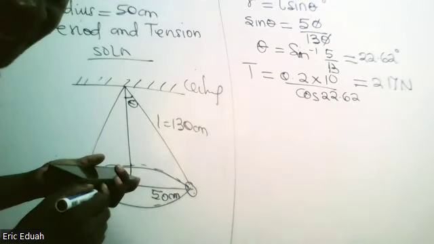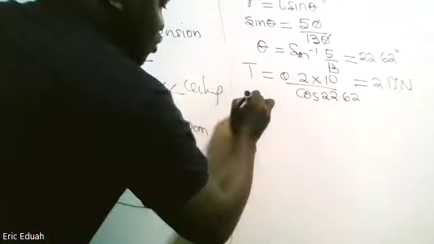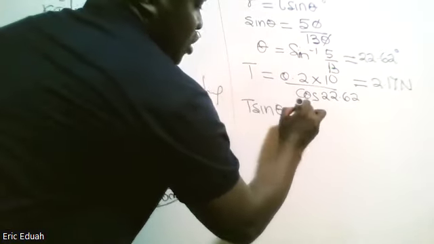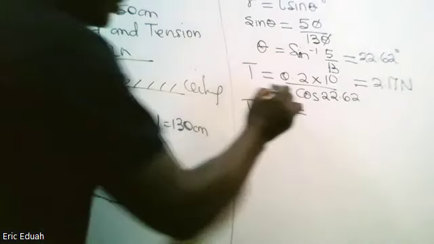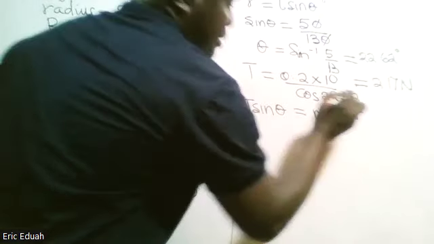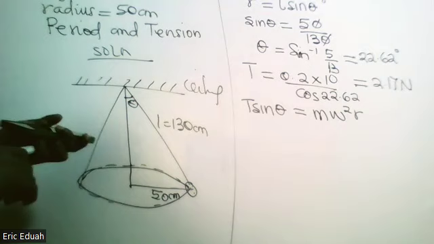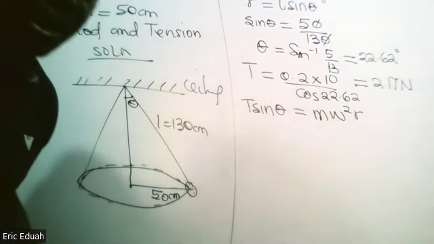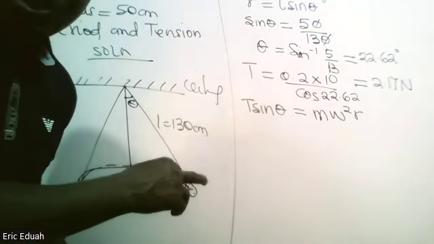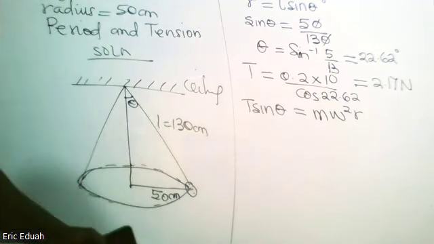To determine the period, when I don't know any relation, I'll equate T sine theta, which is equal to the centripetal force, to M omega squared R. Here I'm switching from mv squared over R to M omega squared R.